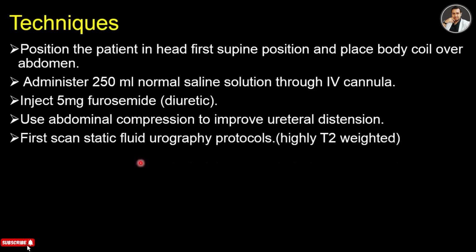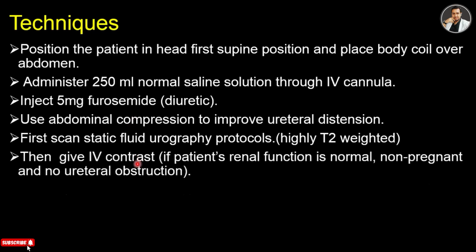The first scan is the static fluid urography protocol, a heavily T2 weighted sequence like MRCP, and then give IV contrast if the patient's renal function is normal, non-pregnant and no ureteral obstruction.